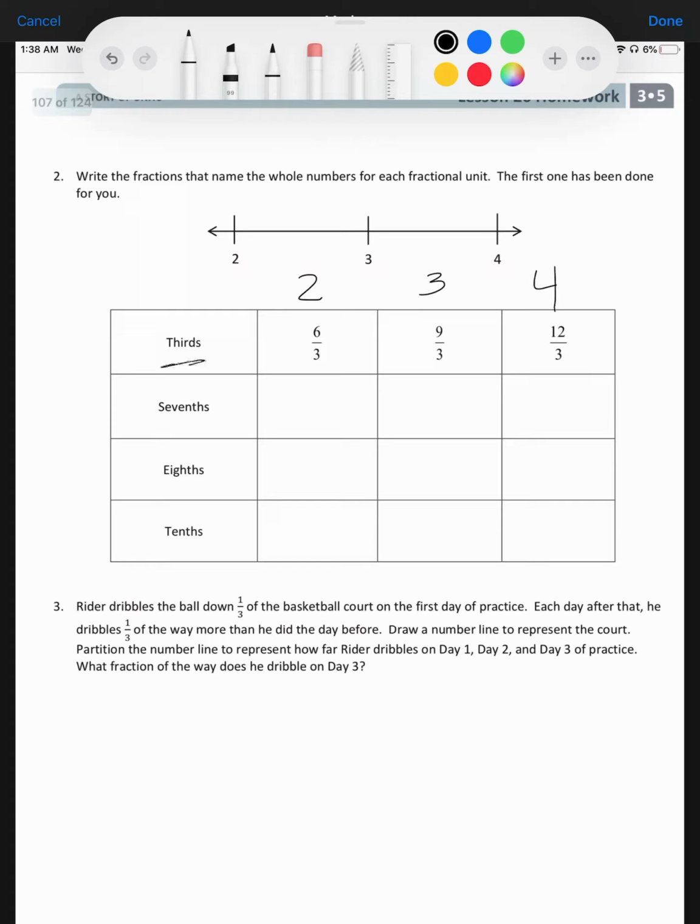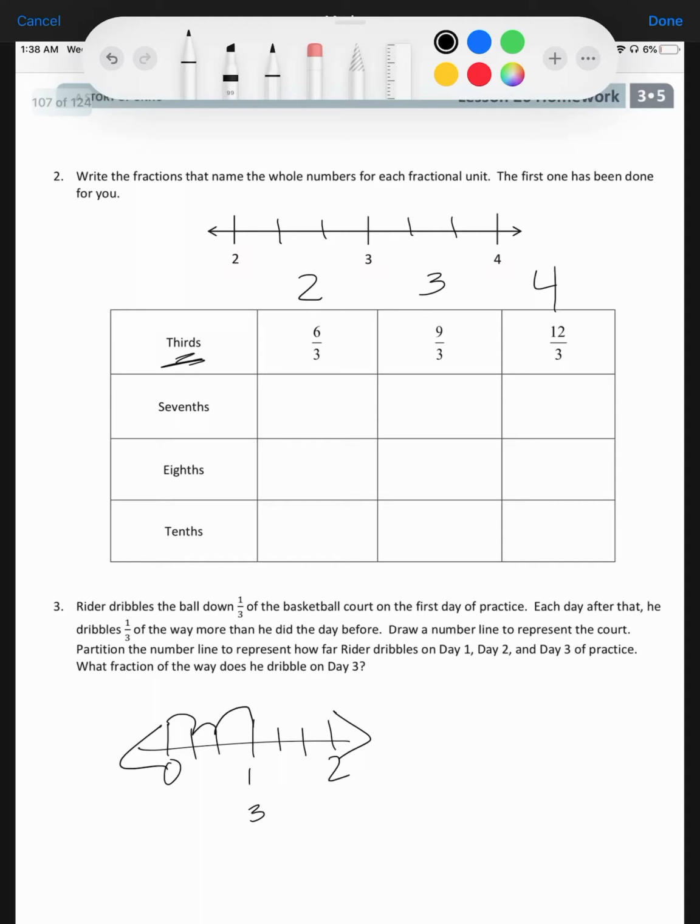And the first one, we're breaking it into thirds. So if we broke this number line into thirds, and since we don't have the first part of it, we can just draw it down here. 0, 1, 2. Break it into thirds to help us count. So this is 1/3, 2/3, 3/3.